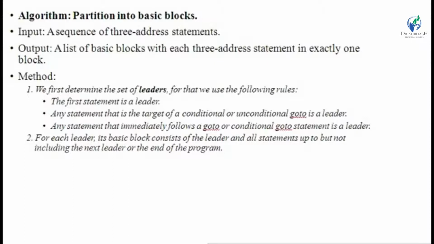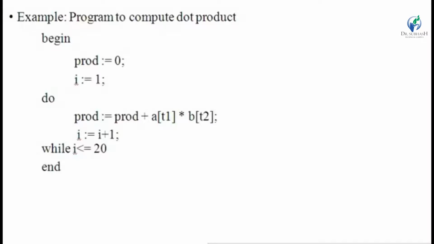And second, for each leader, its basic block consists of the leader and all statements up to but not including the next leader or the end of program. For example, a program to compute dot product. Product is equal to 0 and I is equal to 1.